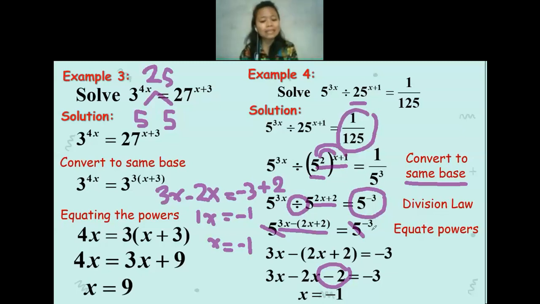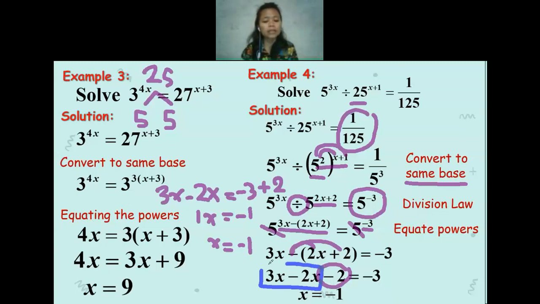So we have 3x minus (2x plus 2). We copy paste on the left side. On the right side, we have negative 3, so it equals negative 3. And then this is negative. Using the rules that you learned in grade 8, when it is a bracket, everything will have negative. So the 2x will be negative, the 2 also will be negative.